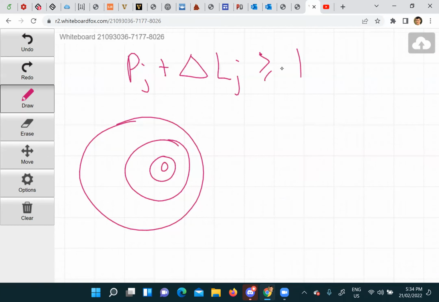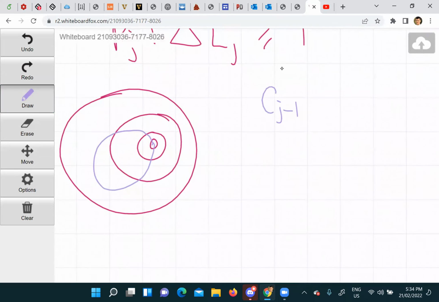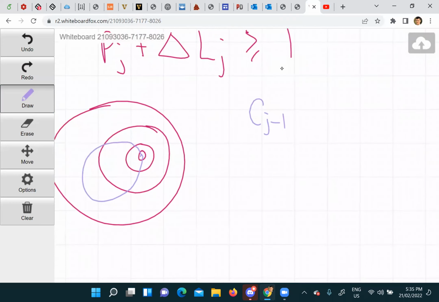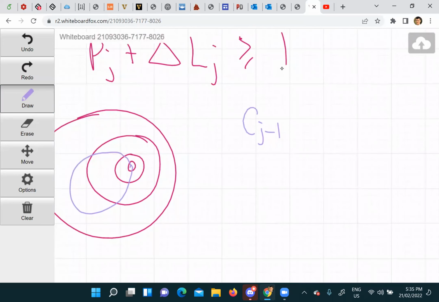Points lost is 0. The Lj is 3. But then it contains one extra circle, the big circle. I guess the problem is, if you look at Cj minus 1, it's going to have Lj minus 1 circles, so it's going to be contained in all these circles.